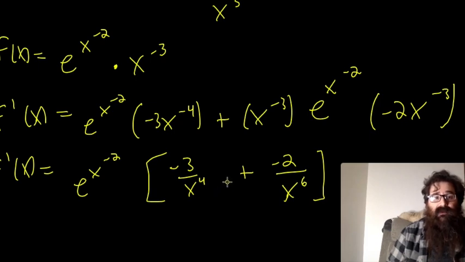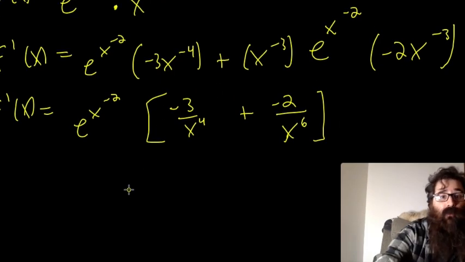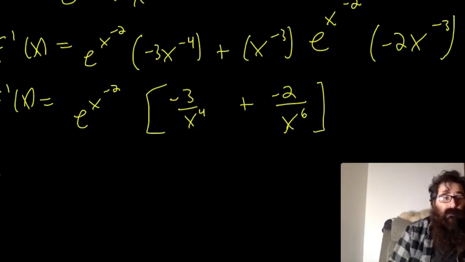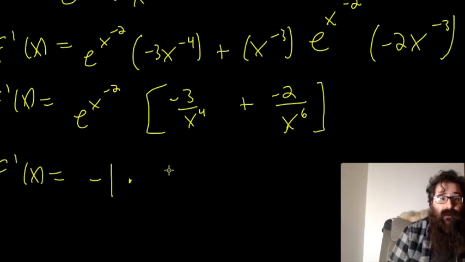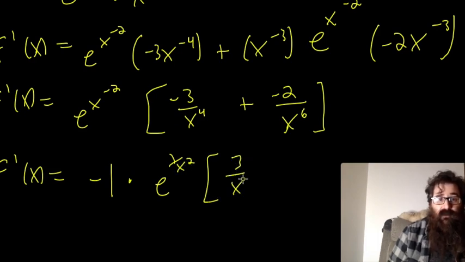And I want you to notice that both of these terms here are negative. In fact, if I want to factor a minus sign out, I can do that. I can be very deliberate with this and say this is negative 1 times e to the 1 over x squared times, and I brought the minus sign out, so just 3 over x to the 4th plus 2 over x to the 6th.